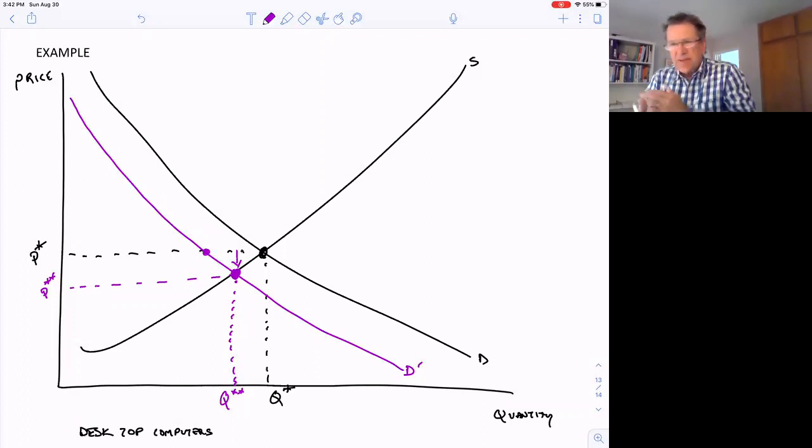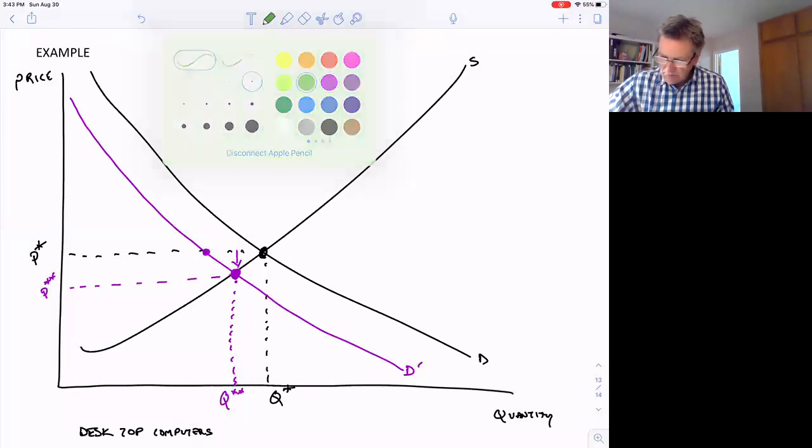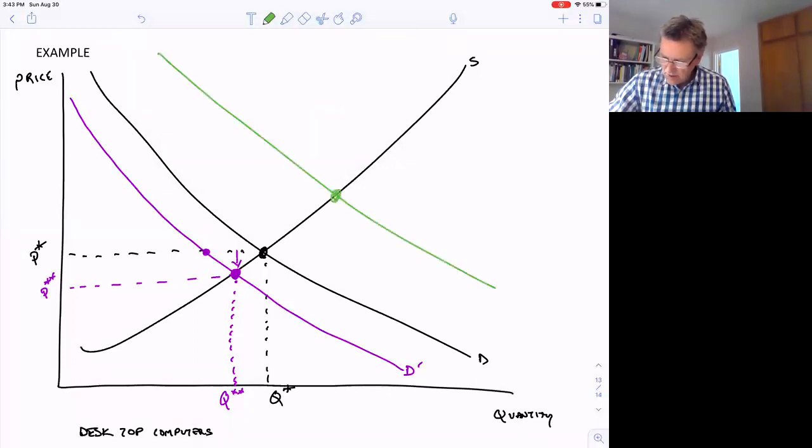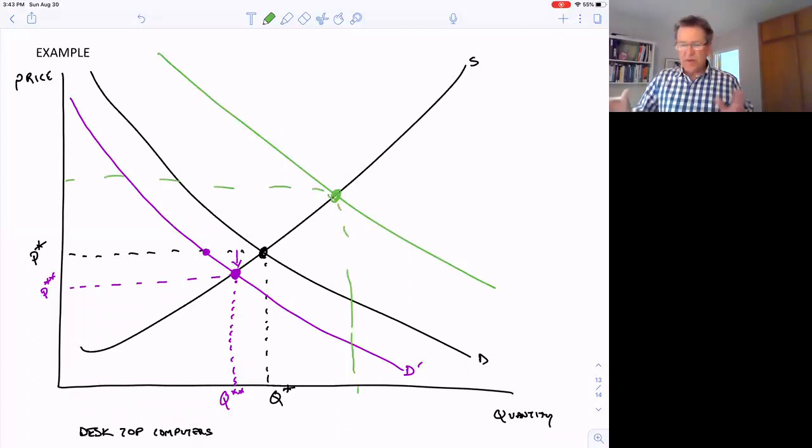If only one of these curves change, you can see, oh yeah, price is going to fall, quantity is going to fall. If the demand went up instead, we could say, oh yeah, there's a new equilibrium here, and it's a higher price and a higher quantity. And we could do the same thing with supply. A supply curve change, we can say, oh yeah, that new equilibrium from an increase in supply is going to be a higher quantity at a lower price.